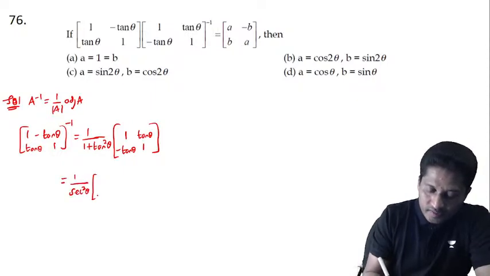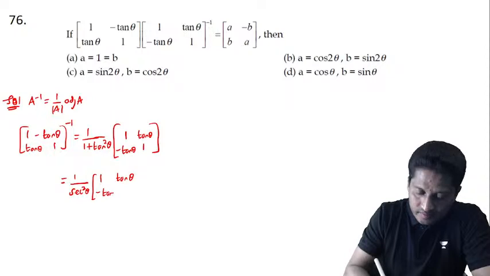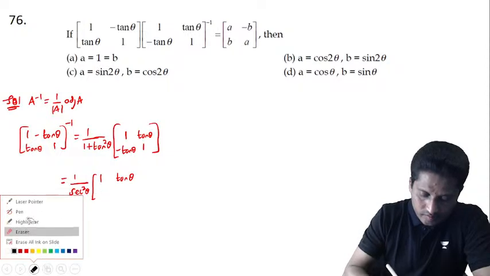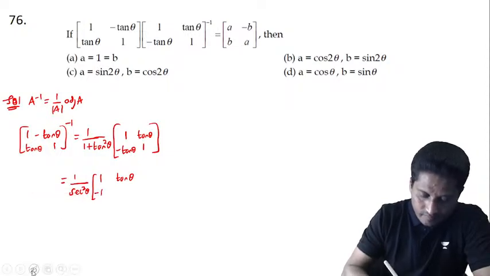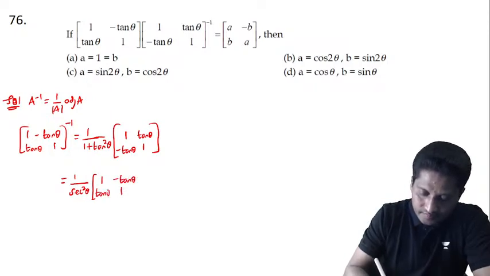This 1 plus tan square is sec square, and then 1, this is tan, minus tan. Interchange the diagonal elements, change the sign of other elements.